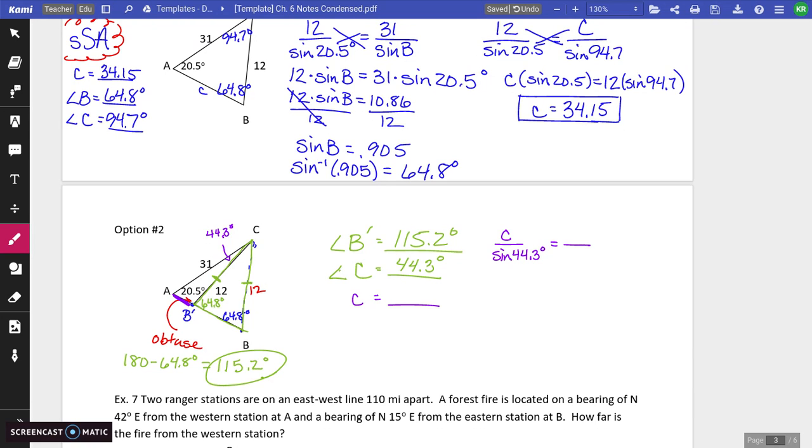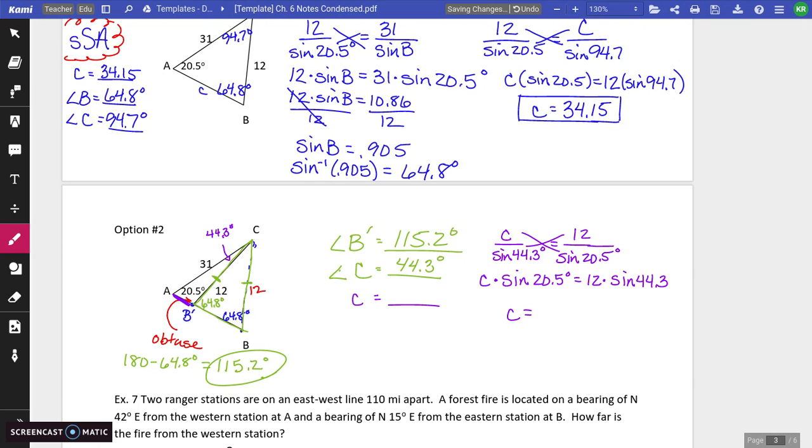We can use any other angle pair, it doesn't matter which, but I'm going to go with 12 and the sine of 20.5 degrees. So we're going to cross multiply. It's going to be C times the sine of 20.5 degrees equals 12 times the sine of 44.3.